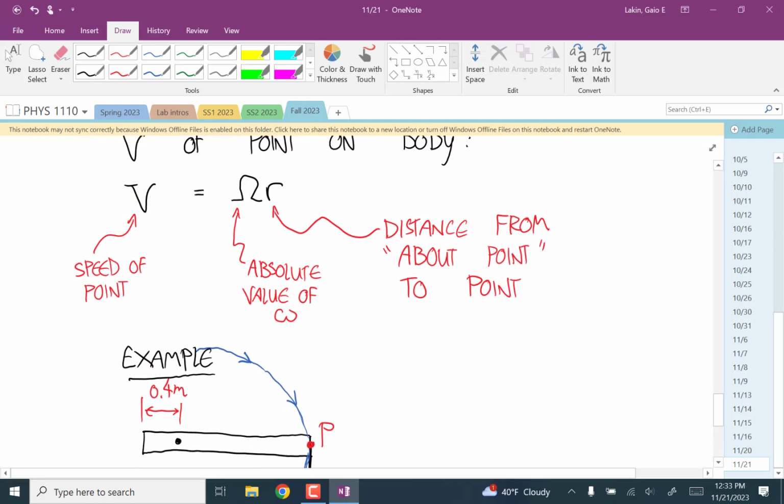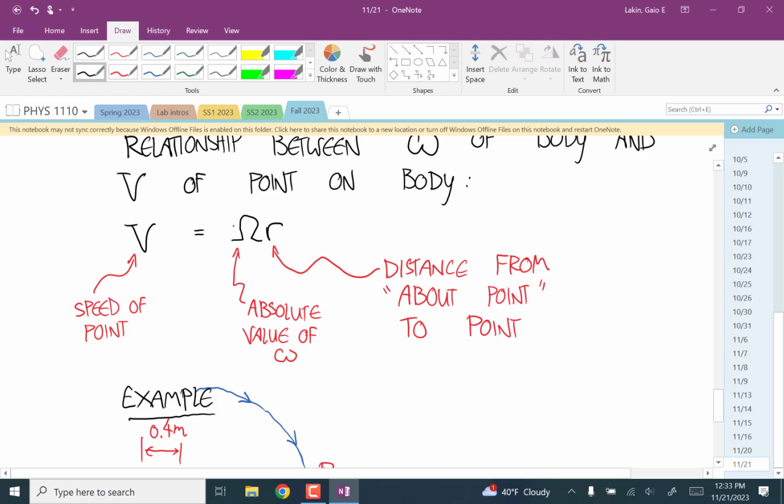Why did I use this funky Greek symbol here? Well, that's a capital omega. Just the same way that I'm using a capital V to be the magnitude of the velocity vector, I'm using a capital omega to be the absolute value of the lowercase omega, the angular velocity.